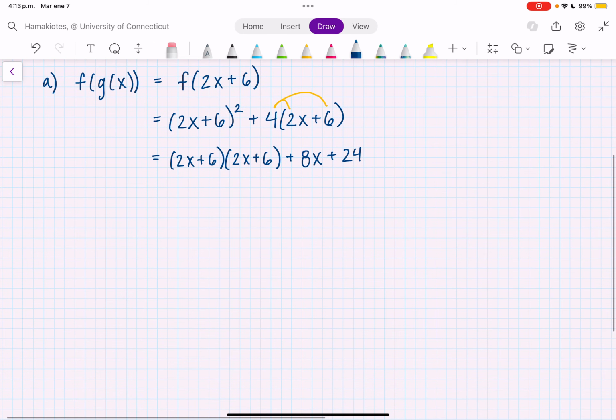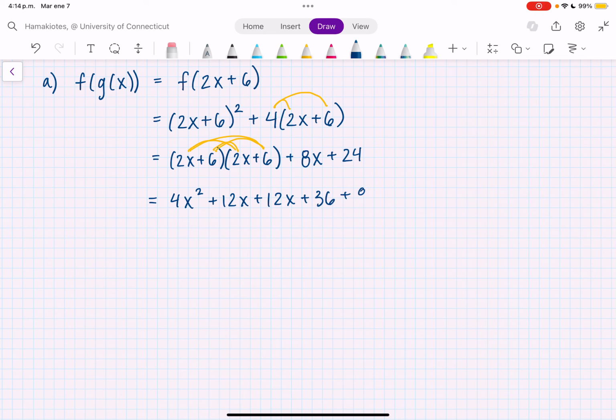Now, we also want to expand the 2x plus 6 times itself. So 2x times 2x is 4x squared. Now we have 2x times 6, 6 times 2x, so these are 12x plus 12x. And then lastly, we have 6 times 6, which is 36. And then we also add on the 8x plus 24.